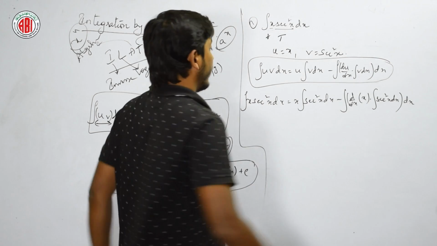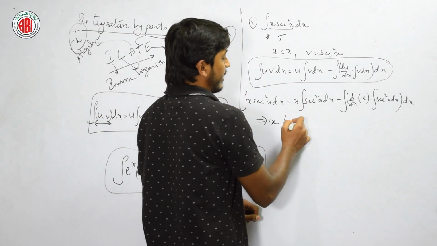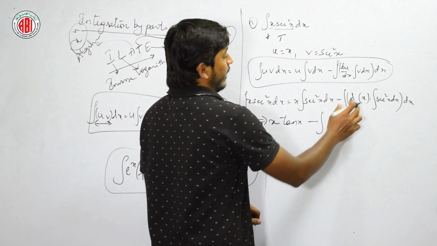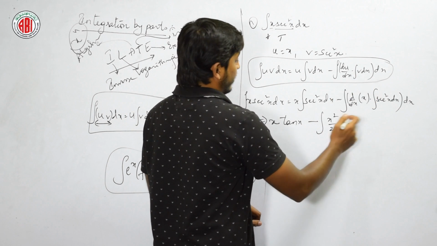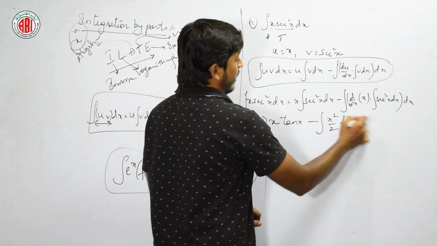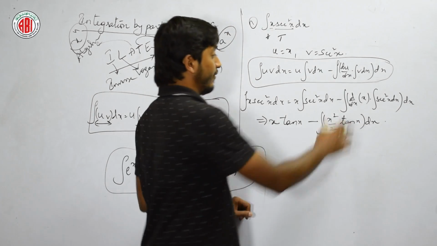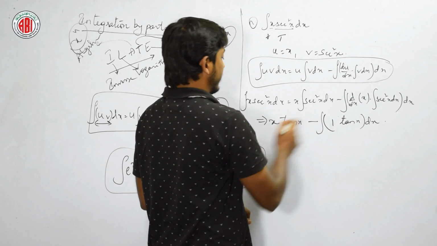So now let us directly simplify. X integral secant square x is tan x. Again, differentiation of x is 1, right? So 1 into tan x dx.